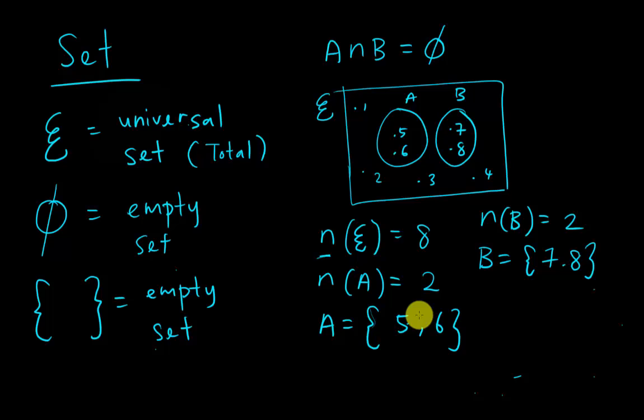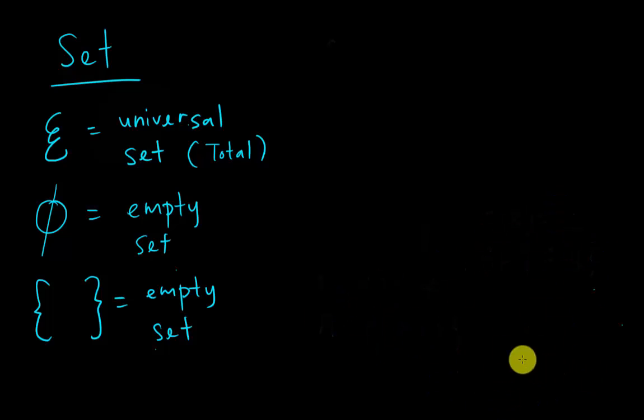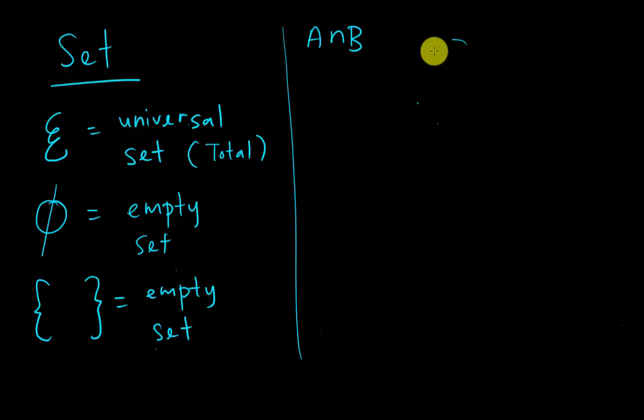Alright, let me erase something and move on a little bit further. Then I will introduce intersect. If I say A intersect B, basically if I have two sets A and B, both of them will intersect here.